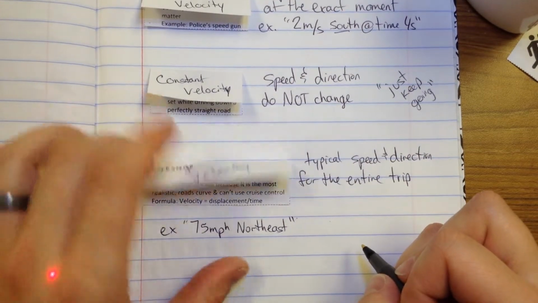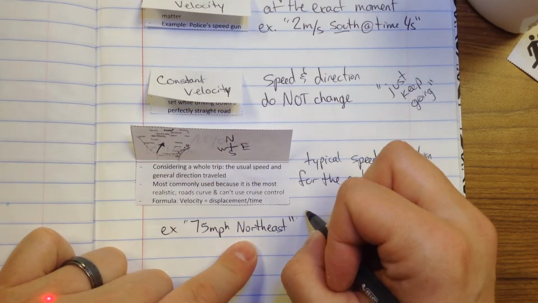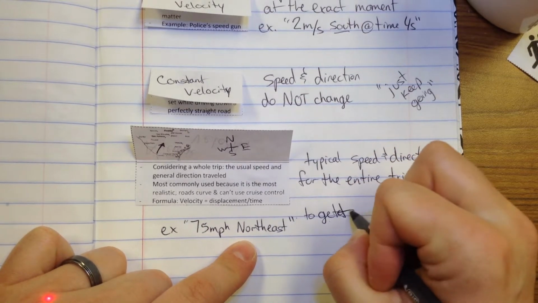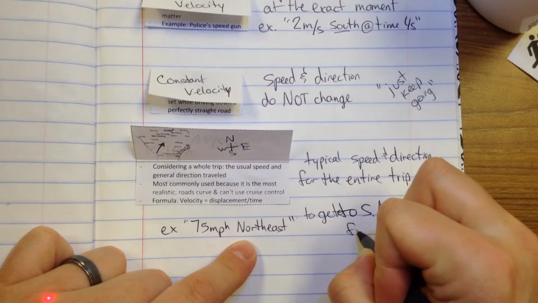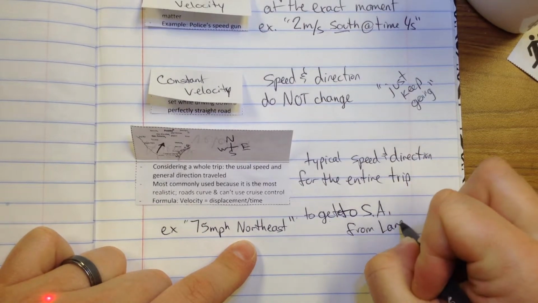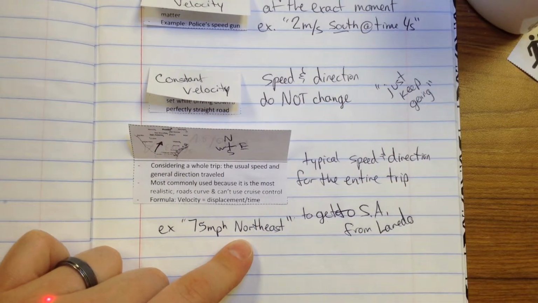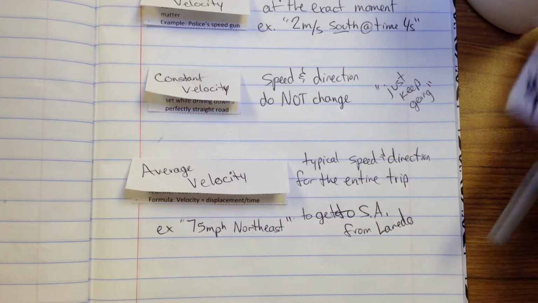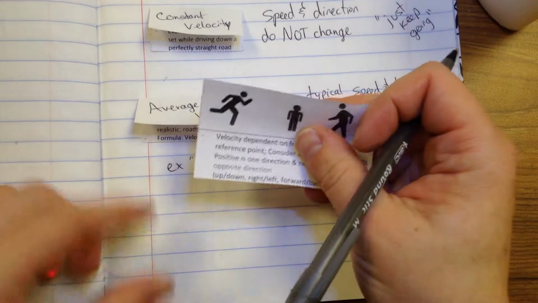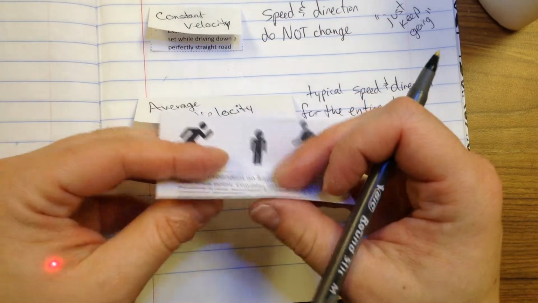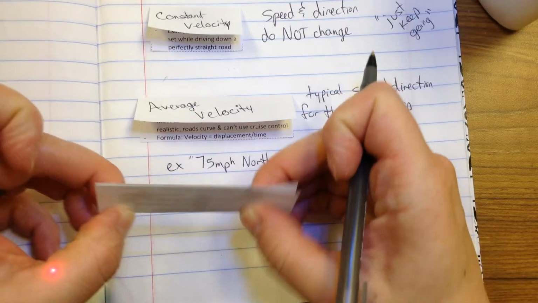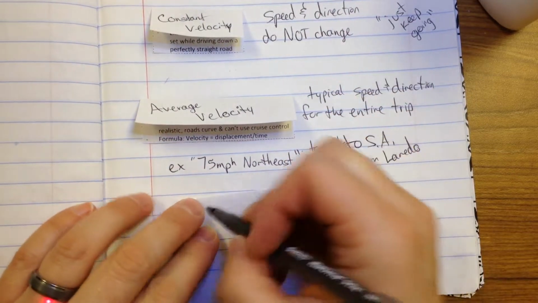That would be an example of an average velocity to get to San Antonio from Laredo. All right, average velocity. Now our last little paper, the one with 3 stick men on it, that is relative velocity.